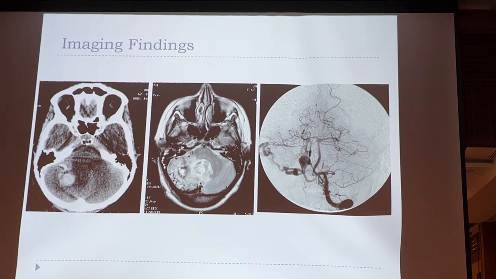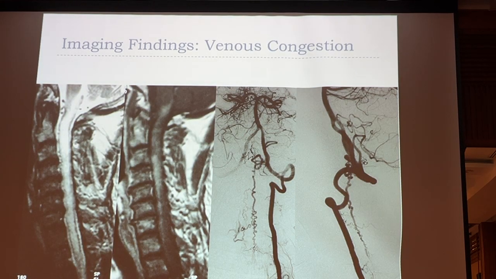Here we have another example where you can see the hemorrhage, the abnormal vessels, the mass effect, and at first glance it may look like glioblastoma, or hemangiopericytoma or hemangioblastoma, but keep dural AV fistula in your list of differential diagnosis.